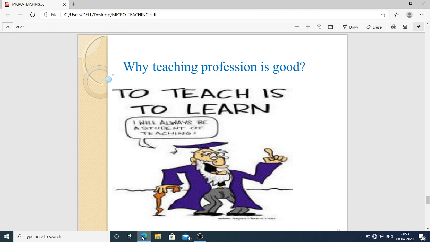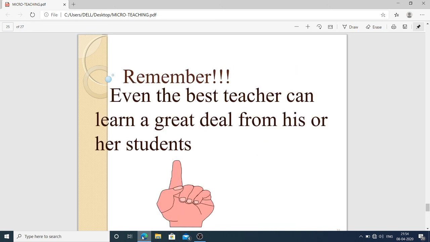Then, why is the teaching profession good? Because to teach is to learn. I will always be a student of teaching. Then, next is remember, even the best teacher can learn a great deal from his or her students.